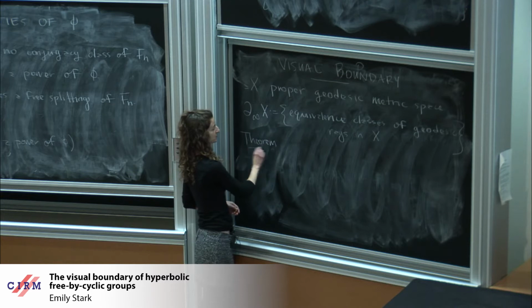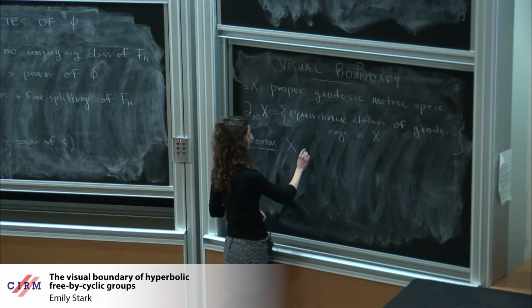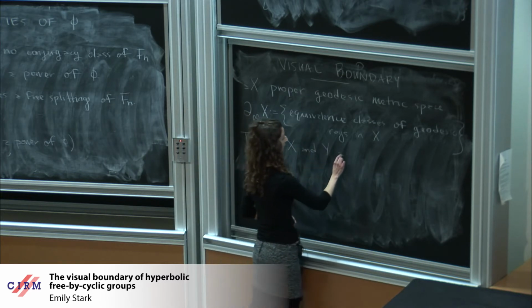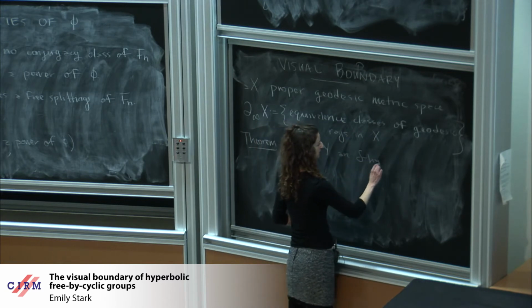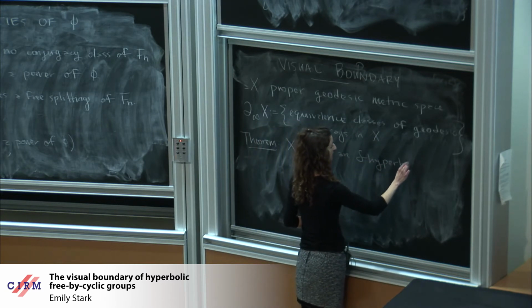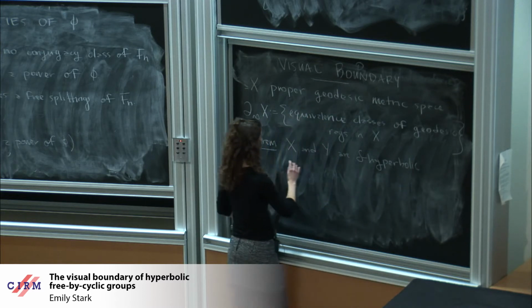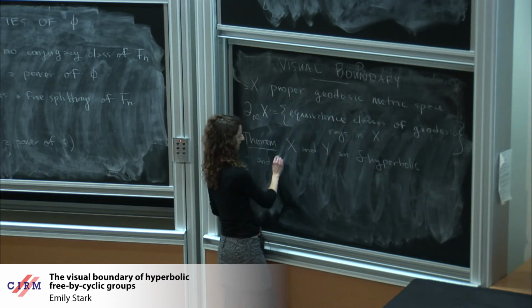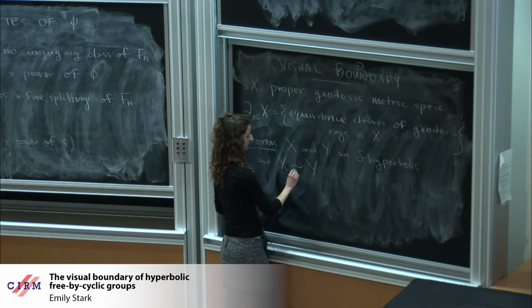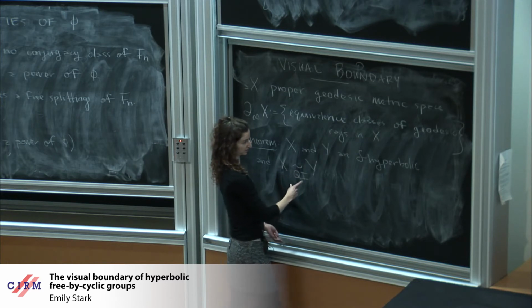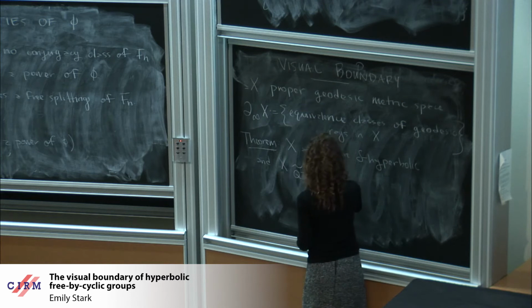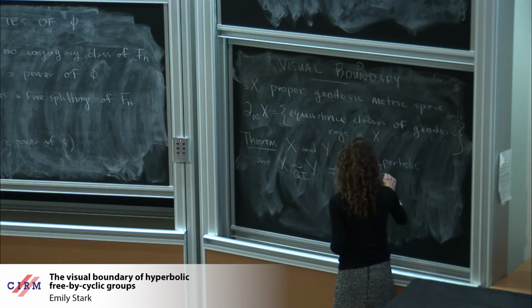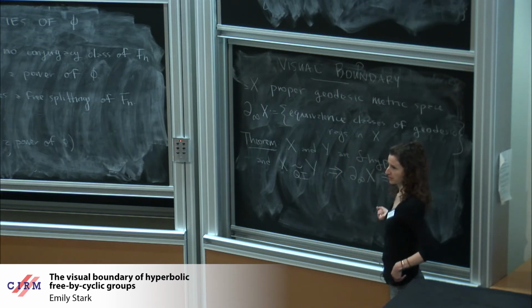An important theorem in geometric group theory states if X and Y are delta hyperbolic proper geodesic metric spaces, and X and Y are quasi-isometric, so they have the same large-scale geometry, then the visual boundary of X is homeomorphic to the visual boundary of Y. In other words, the homeomorphism type of the visual boundary is a quasi-isometry invariant.